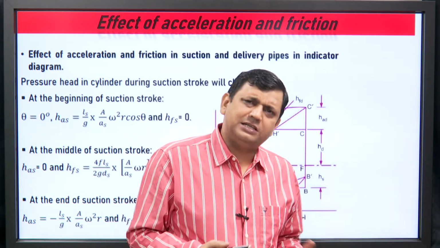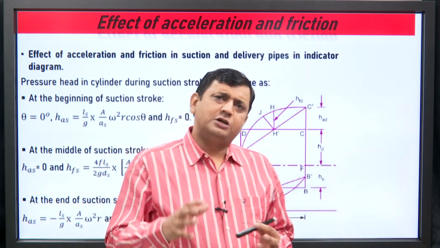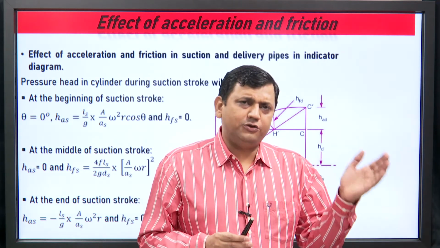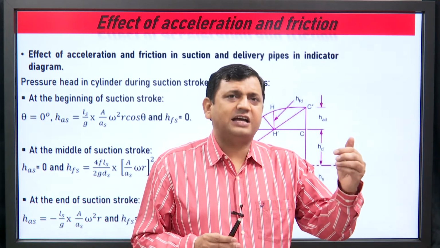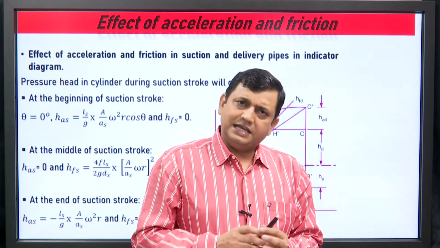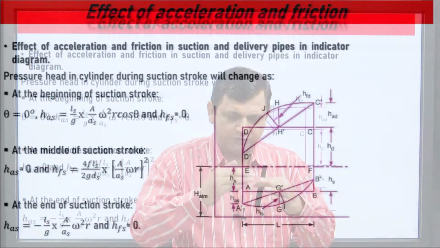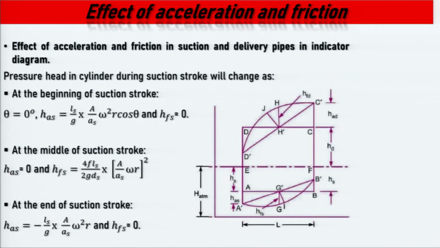So we are going to impose both. Previously we calculated the individual effects, the effect of acceleration and then the effect of friction. Now we are going to combine both effects. So, just see.